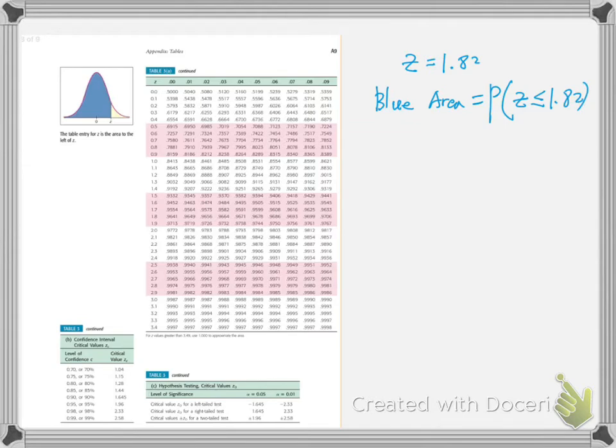How can we use this table? First you have to find the row. The whole number part and the first decimal digit give us the row, so this is row 1.8.